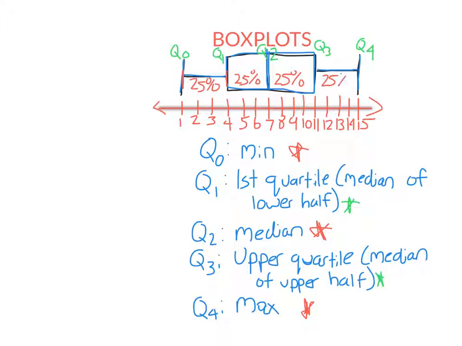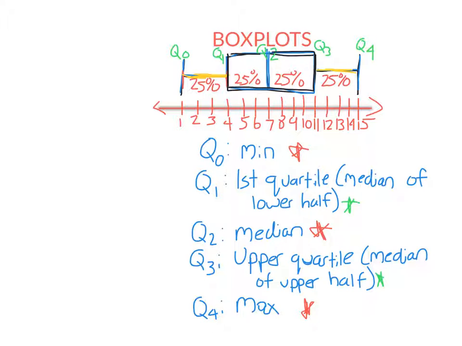And then we have another 25%. So the top 25% of scores lie between Q3 and Q4. The lowest 25% of scores lie between Q0 and Q1. And then the middle 50% of scores are in this box here between Q1 and Q3.